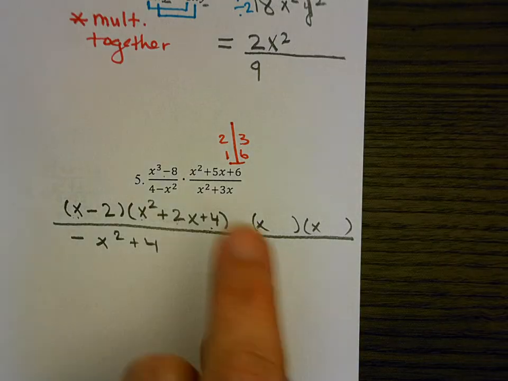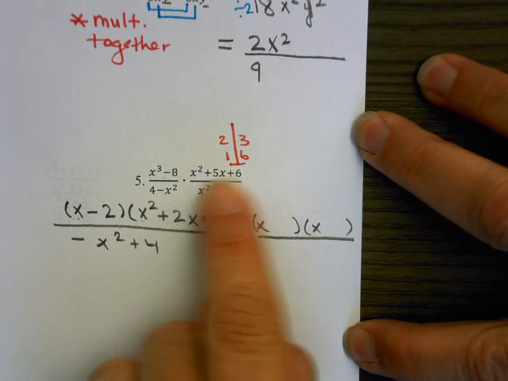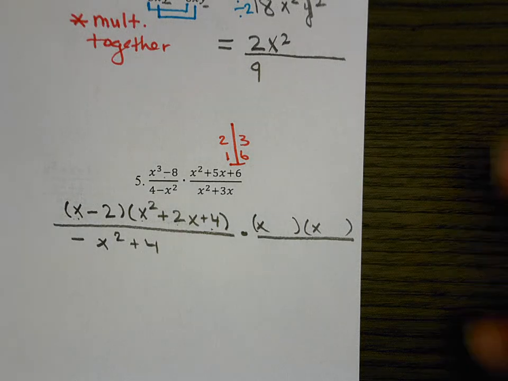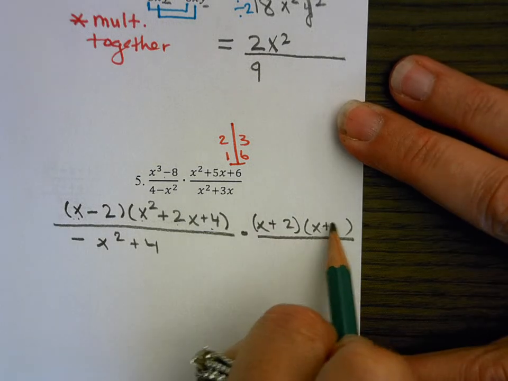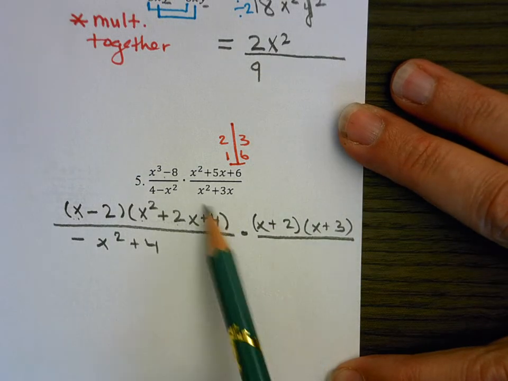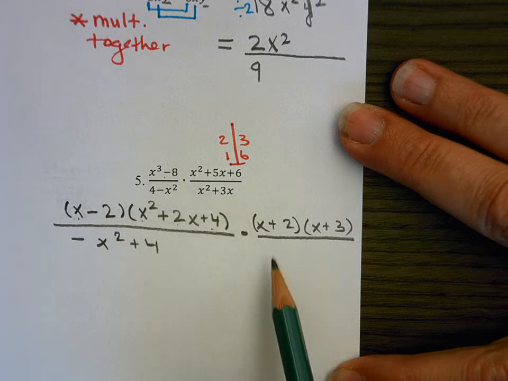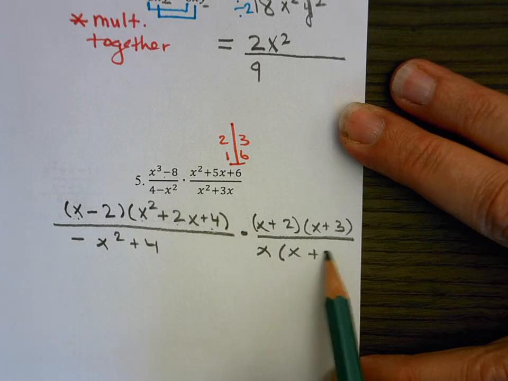So in this case, they're going to both be positive because that middle term here is a 5x. So which of these will combine to help me get that 5? And that would be 2 and 3, right? So that would be x plus 2 and x plus 3. And then down here, what can I do here? I can factor out an x, right? So GCF. So if I divide an x out of both of those, I would get x plus 3.